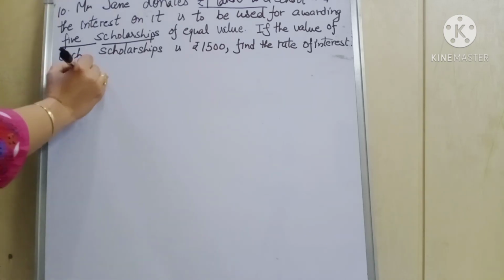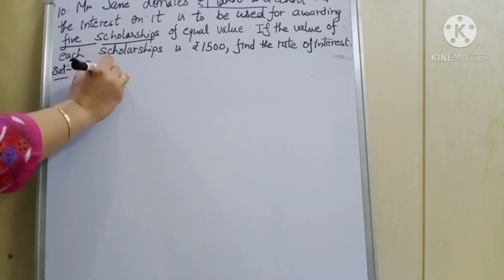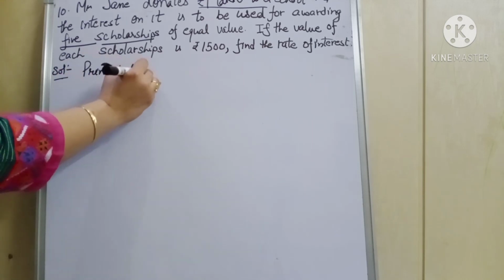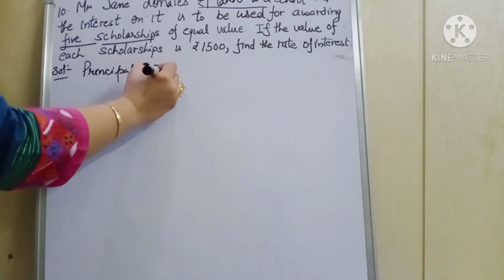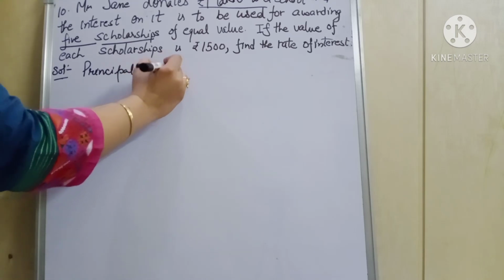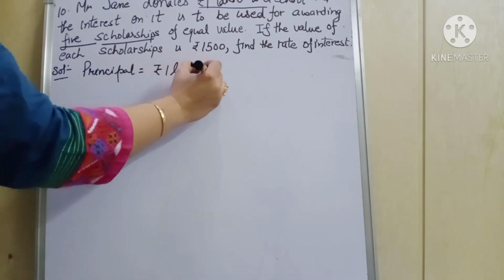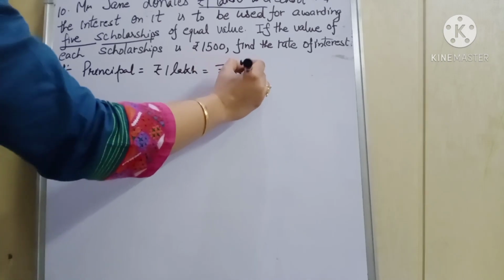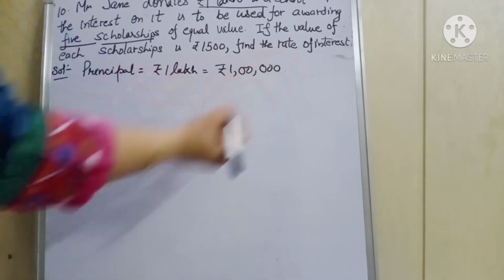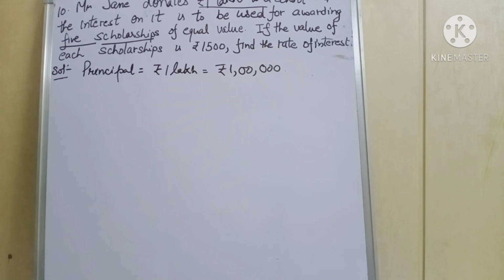Now in this sum, you have been given the principal, the amount which he has donated to the school, that is rupees 1 lakh, or in numbers you can write rupees 1,00,000.